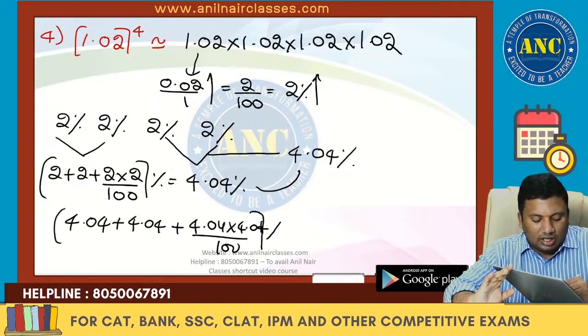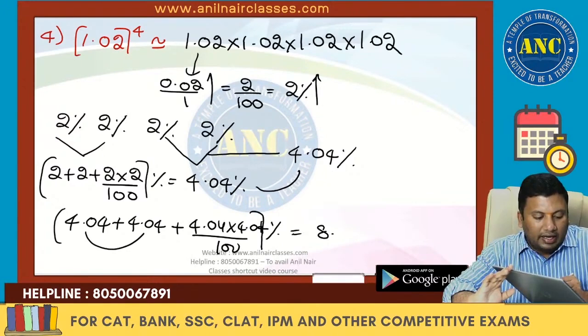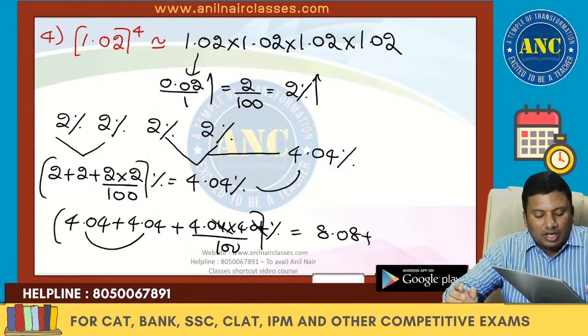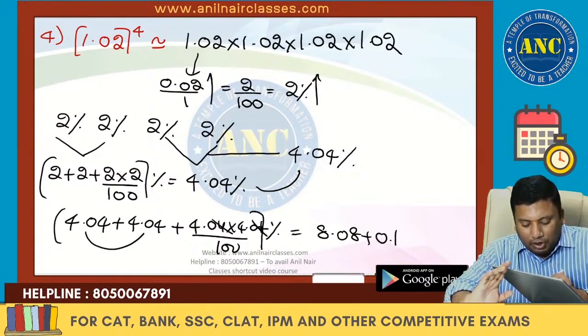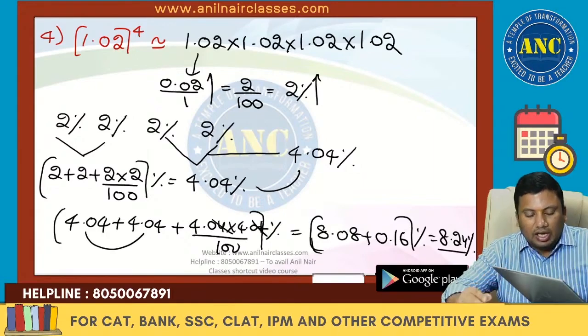So this is nothing but 4.04 plus 4.04, 8.08. Approximately take 4 into 4, 16 divided by 100, 0.16. So this is nothing but 8.24 percentage.